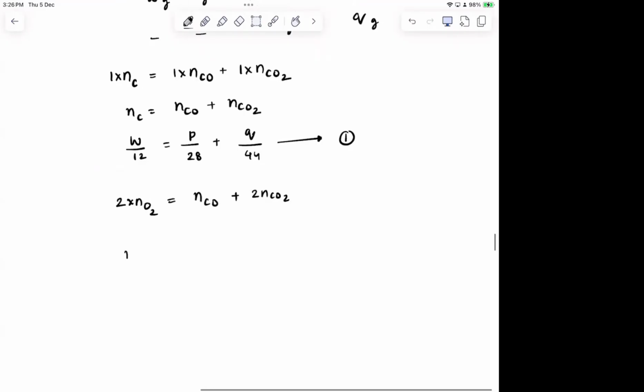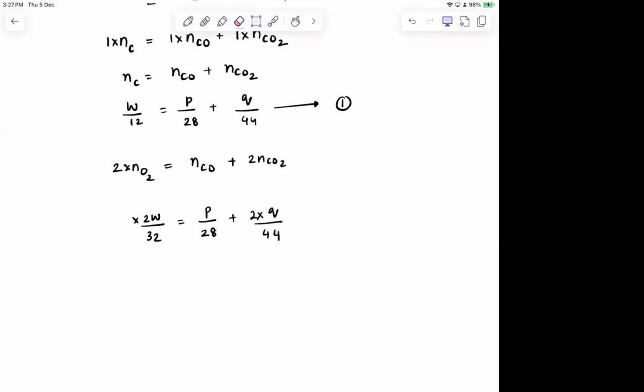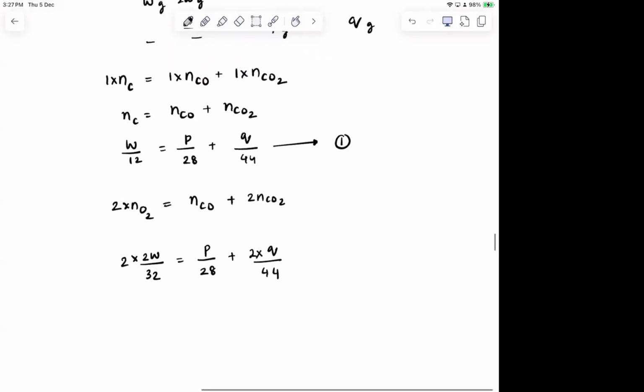If I write in terms of weights, that will be equal to 2W divided by 32 is equal to P by 28 plus 2 times Q by 44. So not N here, 2 times of.